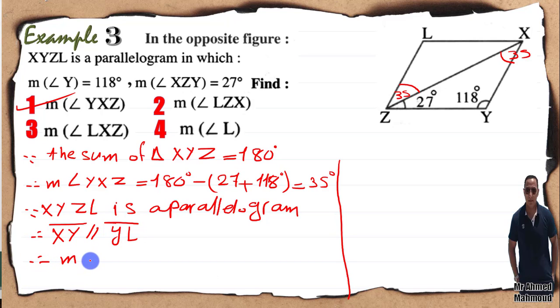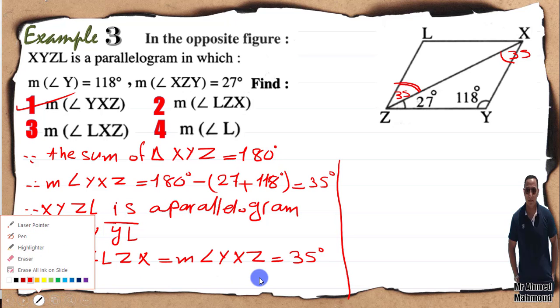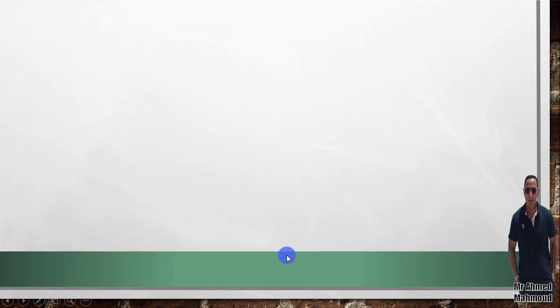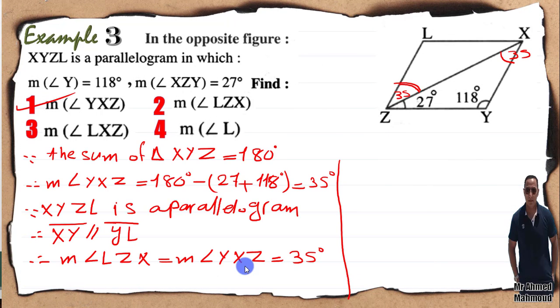Therefore measure of angle LZX, this angle, equals measure of angle YXZ, this angle, equals 35 degrees, and these are alternate angles. This is required number 2.